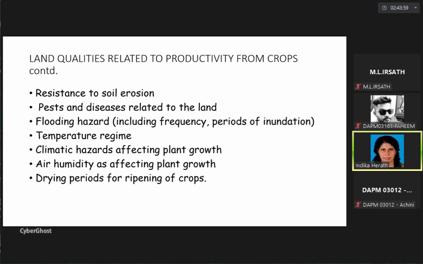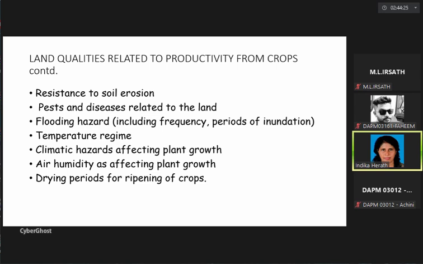And air humidity as affecting plant growth, and the drying period for ripening. Yes, air humidity is RH. So you can understand that in the past, sometimes we get very, very hot conditions, especially when the humidity increases and the temperature increases.